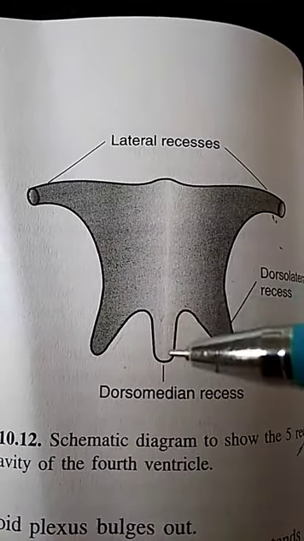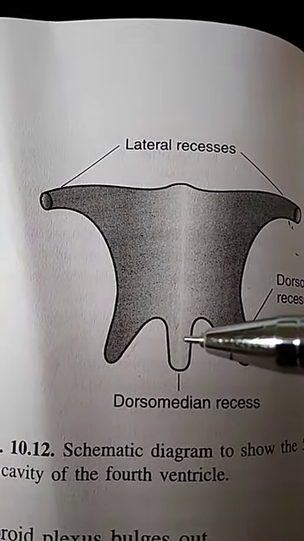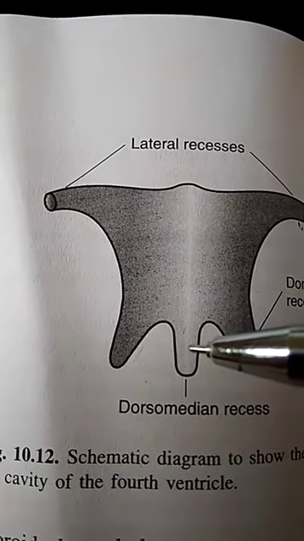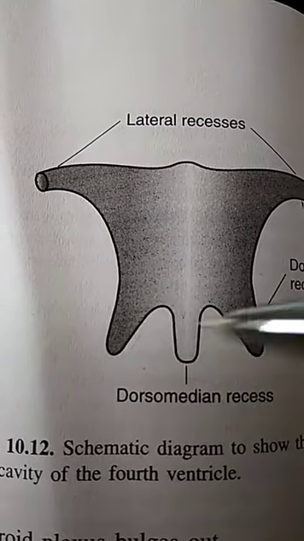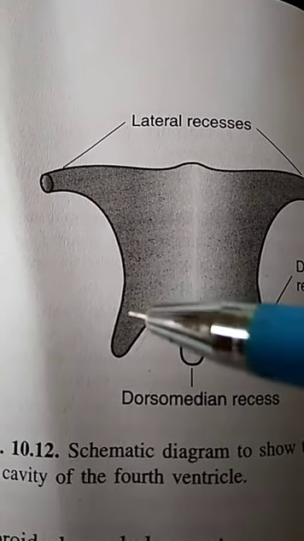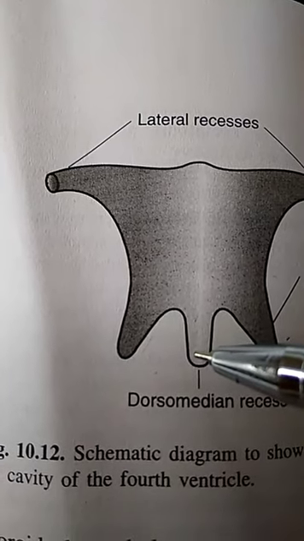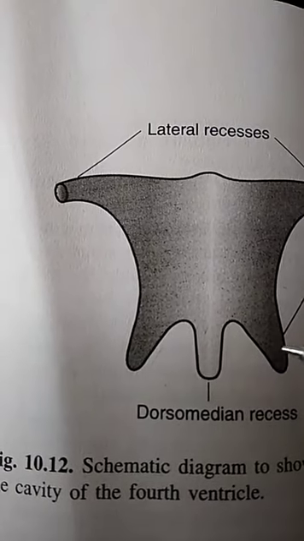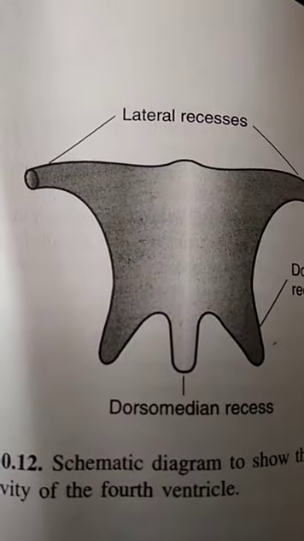The median dorsal recess projects into the white core of the cerebellum and lies just above the nodule, whereas the lateral dorsal recesses are present one on each side of the median dorsal recess. They project by the side of the nodule and above the inferior medullary velum.